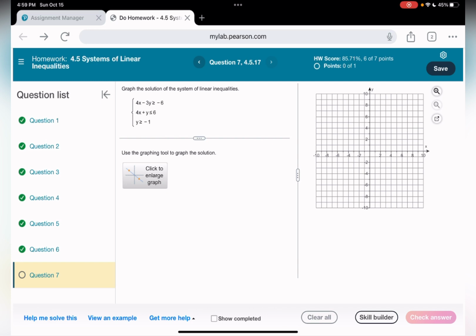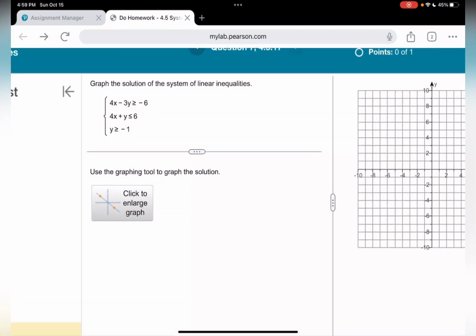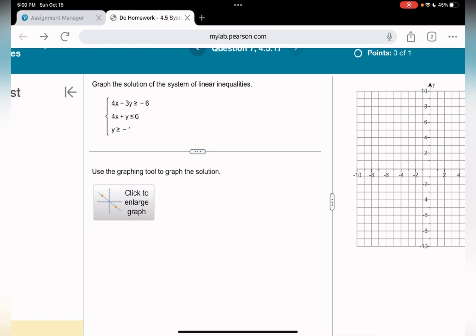And moving to the last question, question number 7. And we still have a system of 3 inequalities. Okay, let's take a picture. I'm going to take a picture so I can work on it.